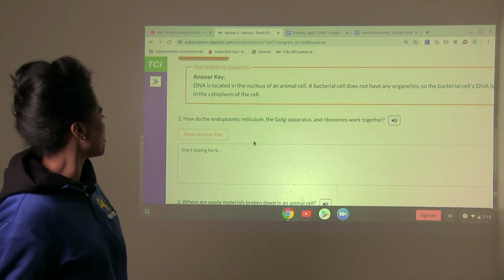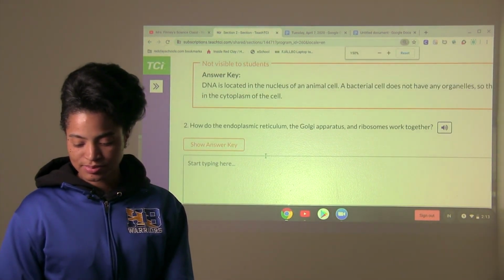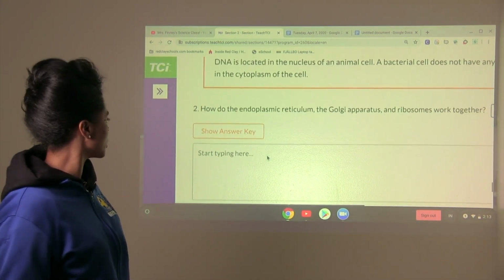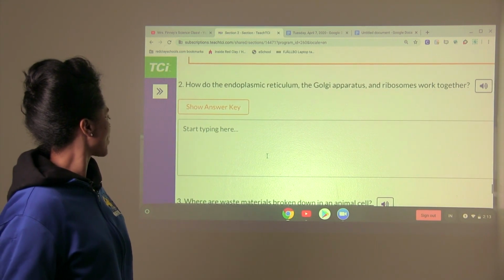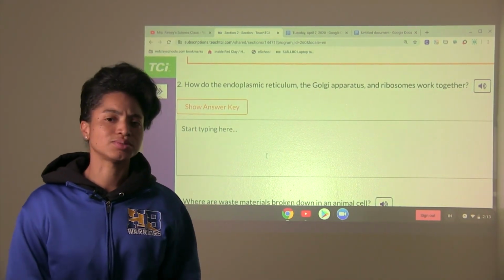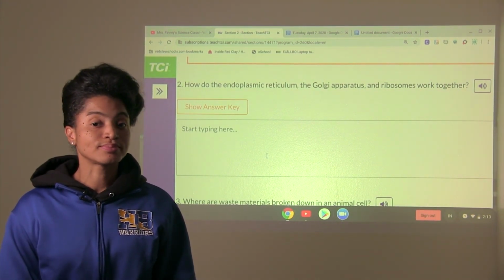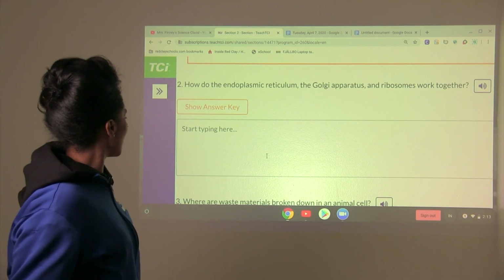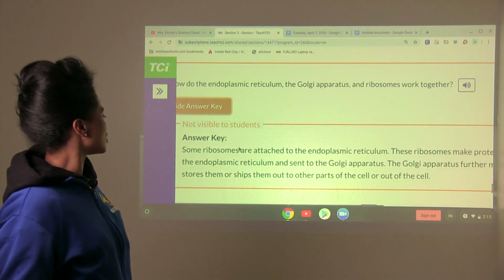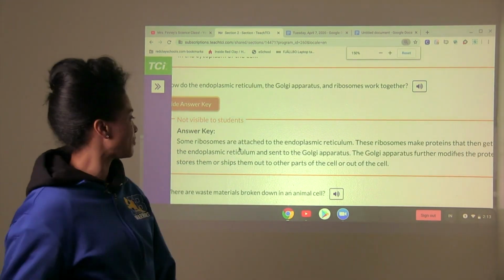All right, next question. How do the endoplasmic reticulum, the Golgi apparatus, and ribosomes work together? Teamwork. What's your answer? I mean, we're just talking, general conversation. What do you think? How do they work together? Okay. All right. I like that. So some ribosomes are attached to the endoplasmic reticulum.